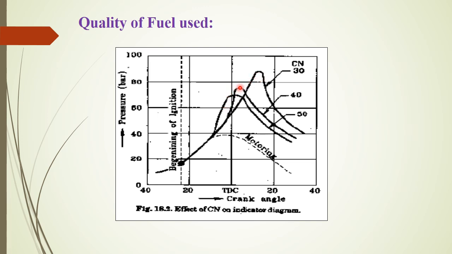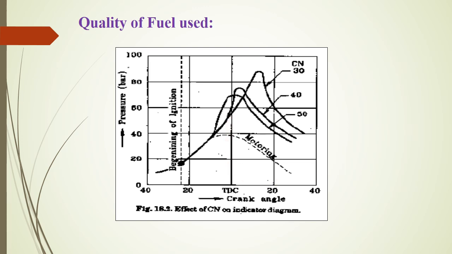Likewise, we have to compromise on the delay period. For 50, the delay period is the lowest, and the pressure is smooth and maximum. So the quality of fuel is very important, both chemical and physical properties.